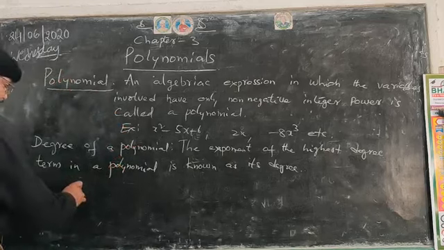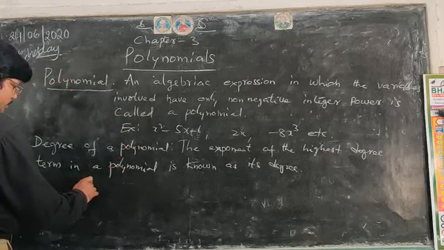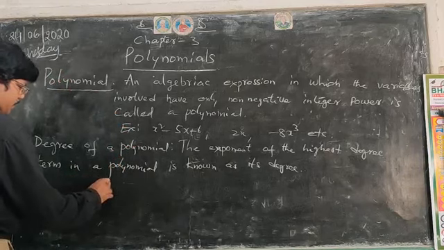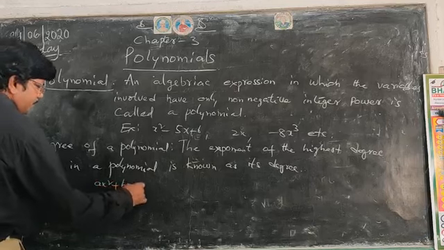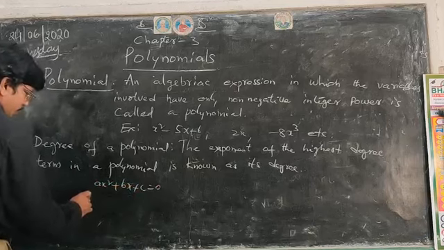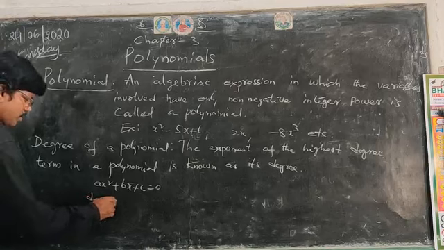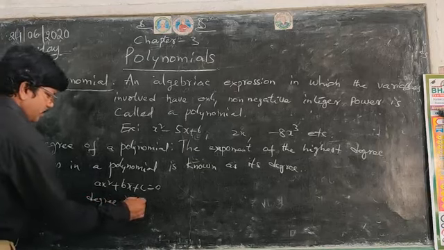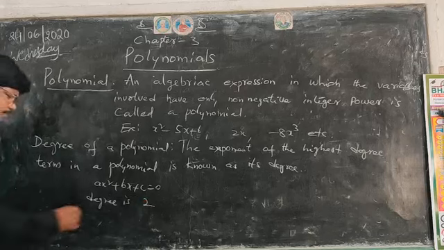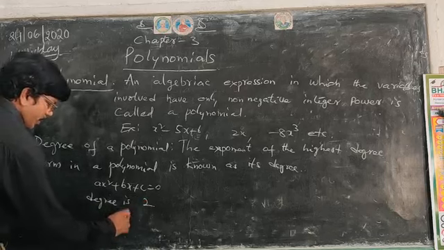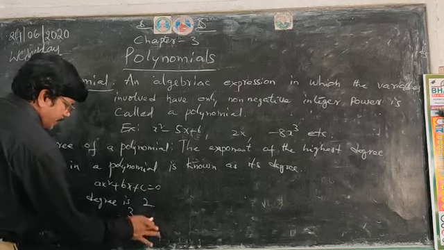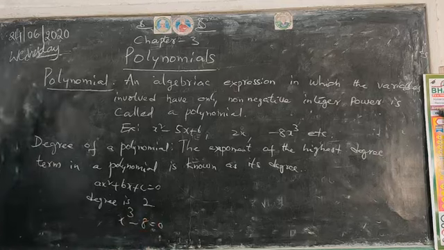For example, what is the degree of ax square plus bx plus c equal to 0? The degree is 2. For example, x cube minus 8. What is the degree?